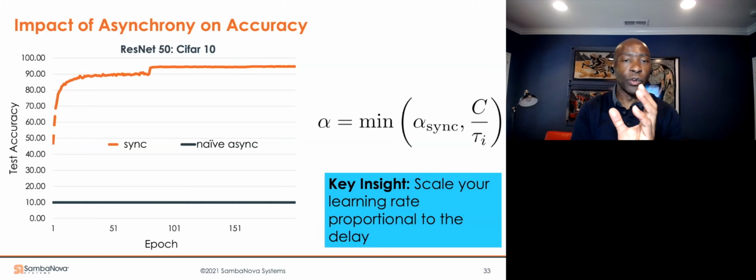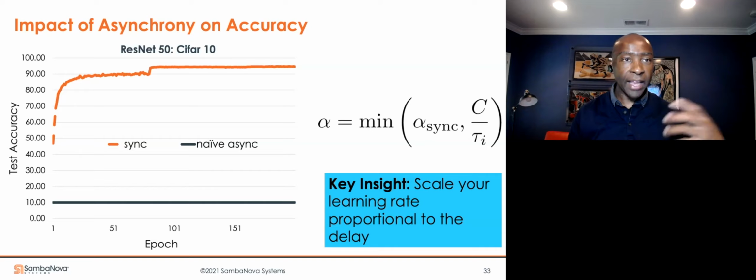Well, what you need to do is scale your learning rate to match the delay, right? So if you've got a large amount of delay in your asynchrony, then you need a small learning rate. If you've got a small amount of delay, then you can use a much larger learning rate, right?